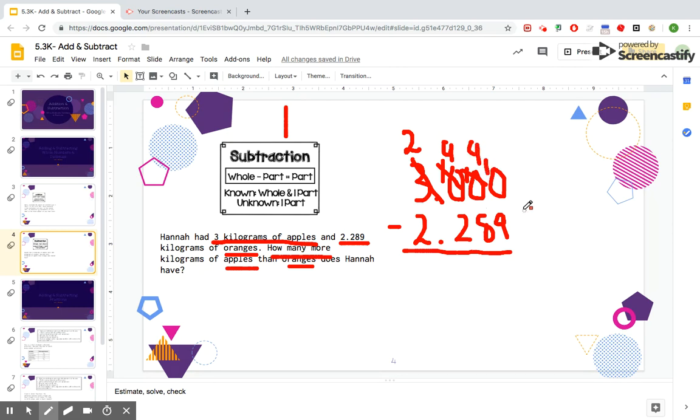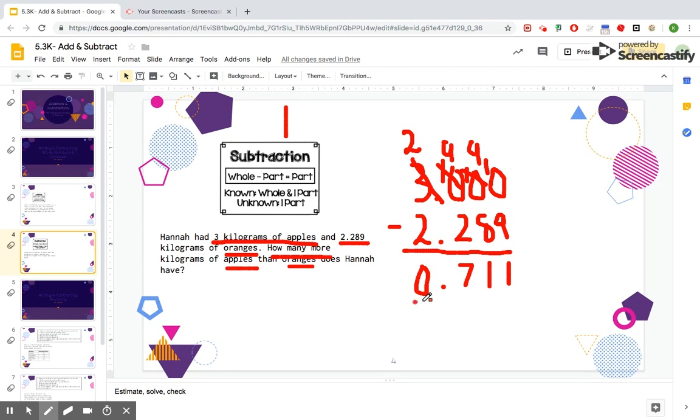Now I have a 10. So now I can actually subtract. 10 minus 9 is 1. 9 minus 8 is 1. 9 minus 2 is 7. Bring that decimal straight down. And now I have 2 minus 2, and that is 0.